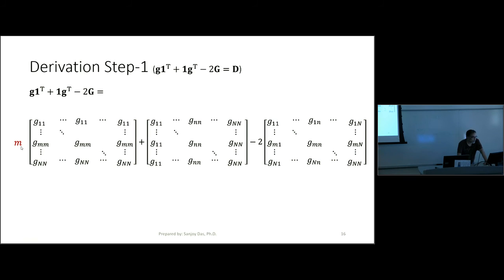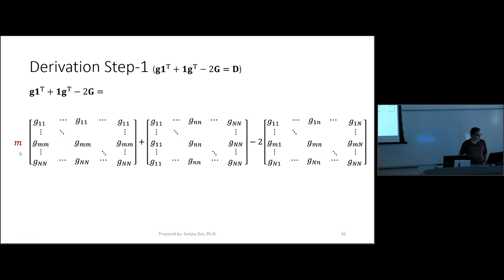Now observe the red. We are looking at row M of all three matrices. In the first matrix, it's all GMM, M as in Missouri. For the second matrix, it's G11, G22, 33, 44 until GNN.